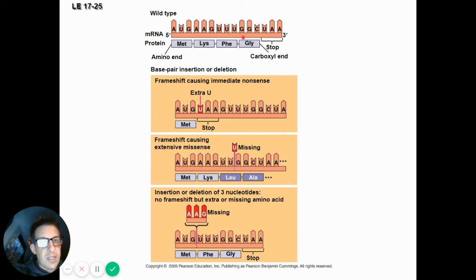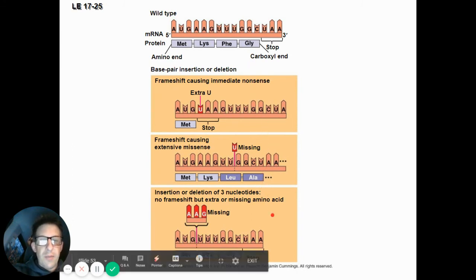Okay, the G comes from here. Everything's shifted over one. We took that U out, everything else gets shifted over. Now, instead of this one reading GGC, we have a different reading frame, right? We now have GCU, which codes for alanine instead of glycine. The whole thing's messed up.